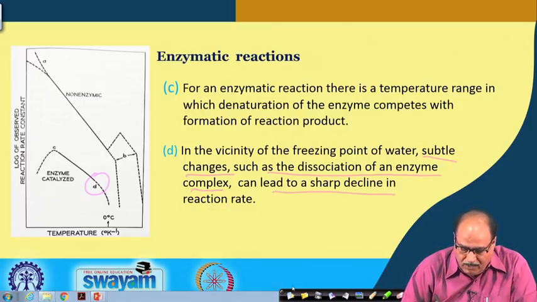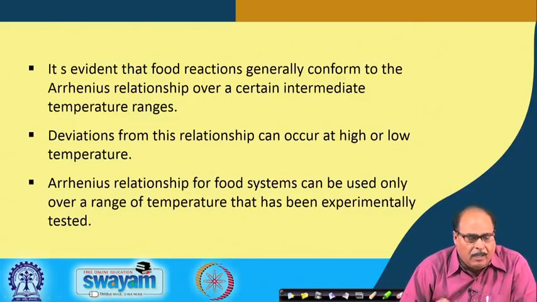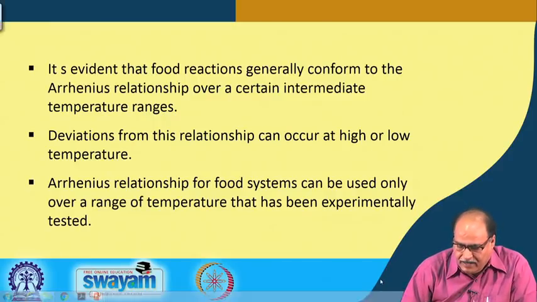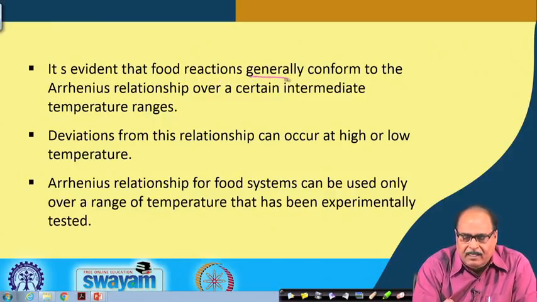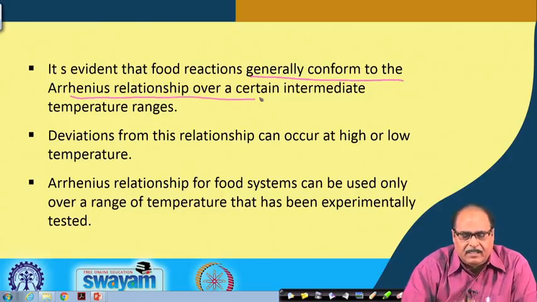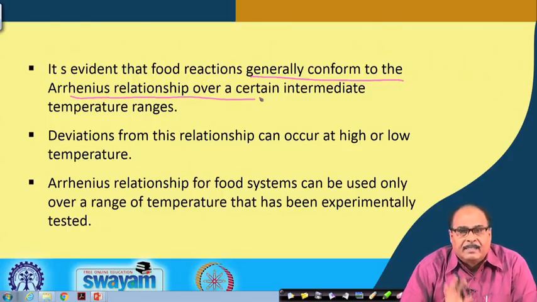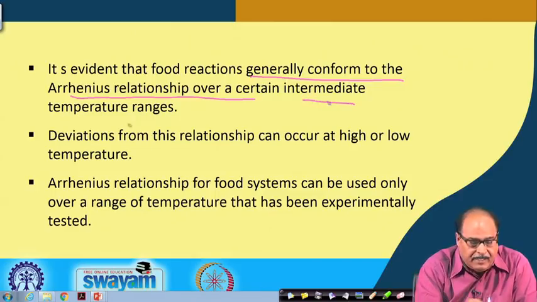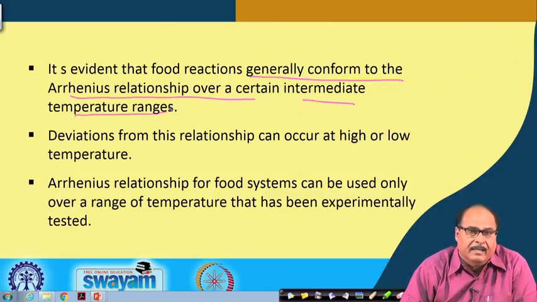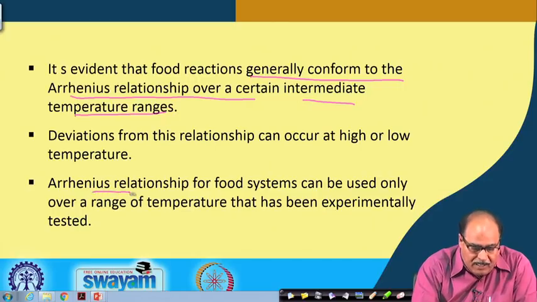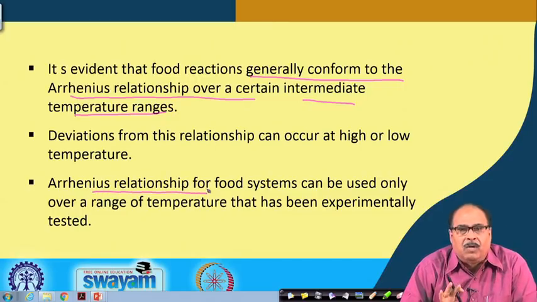So, these two examples are sufficient to show that food reactions generally conform to the Arrhenius relationship over a certain intermediate temperature range only, and deviation can occur on either side of this. Therefore, the Arrhenius relationship should not be blindly applied to food systems.